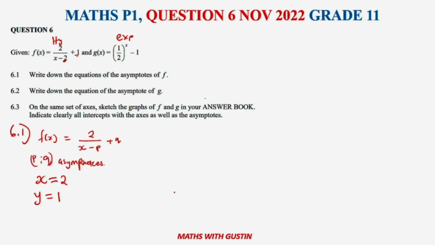6.2 says write down the equation of the asymptote of g. G is an exponent, it only has one asymptote, which is given by minus 1 there. Therefore 6.2 is going to be y is equal to negative 1.